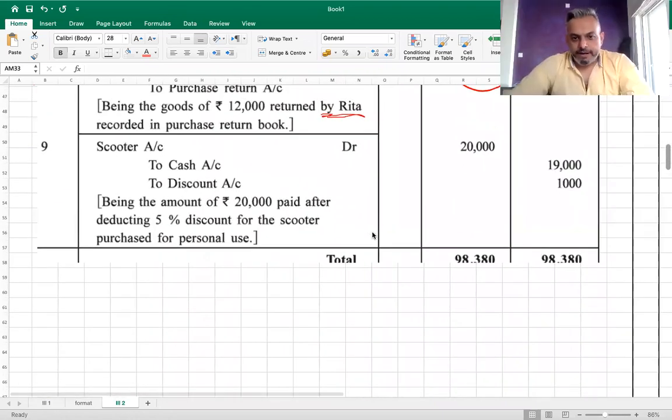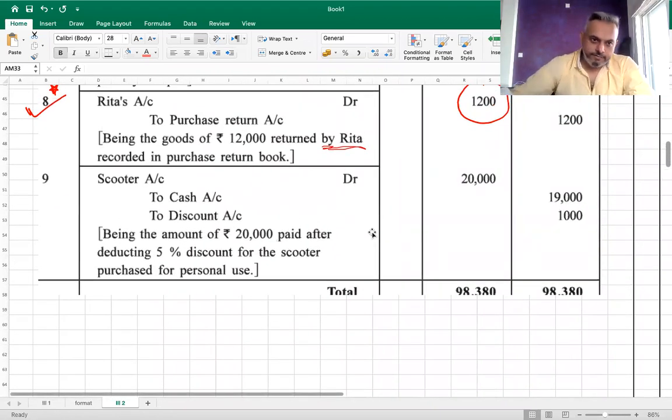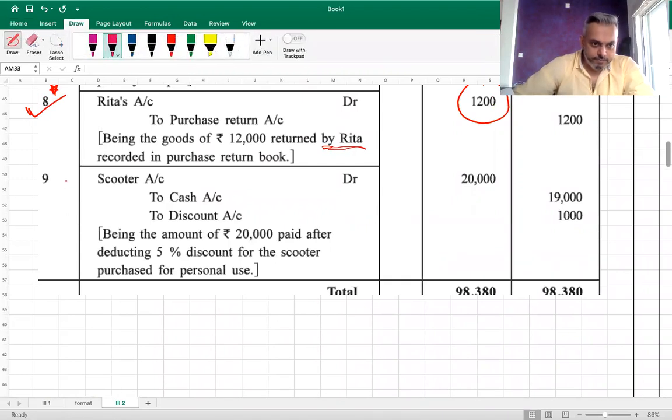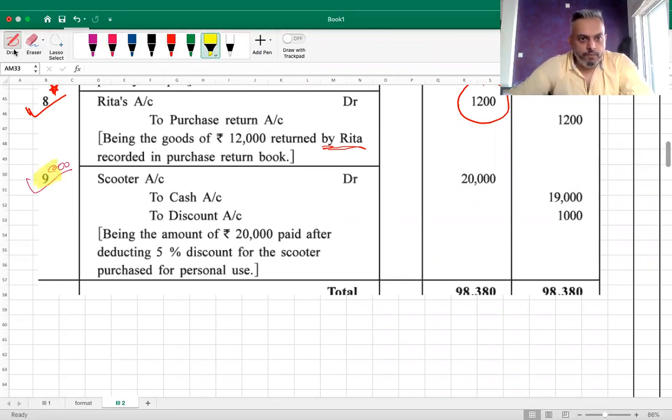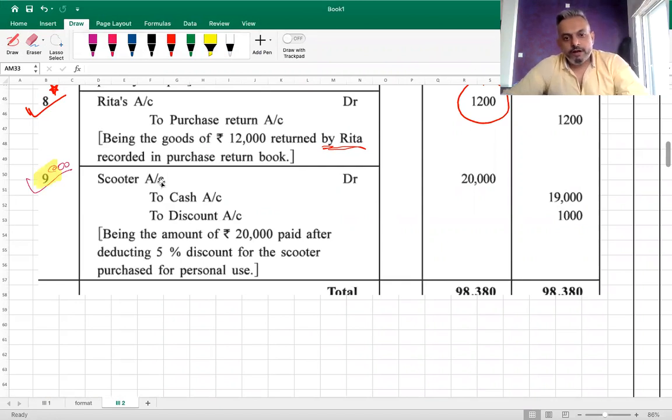Ninth, again, mark important. Now, scooter account debit 20,000, to cash account 19,000, to discount account 1,000.